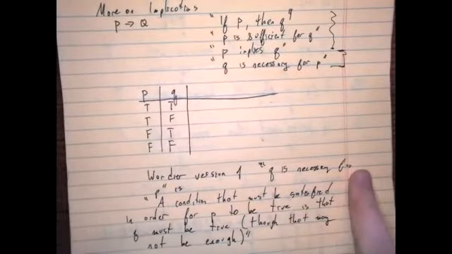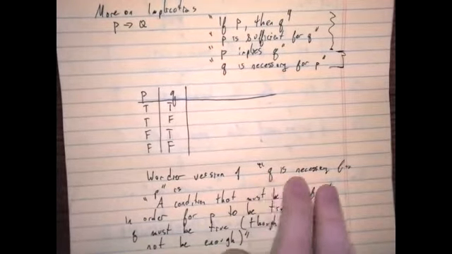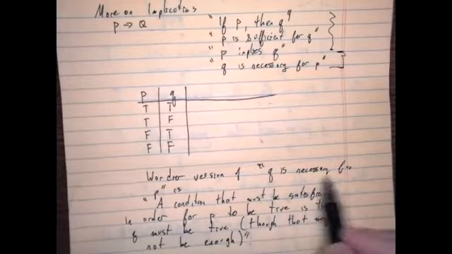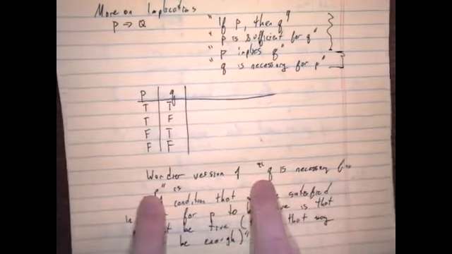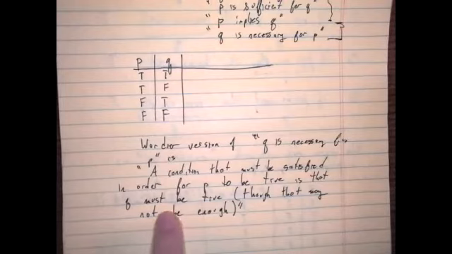Right, so I'm kind of replacing Q is necessary for P with a wordier version, but do you agree that the content of Q is necessary for P is that kind of a precursor to P being true is Q being true? Like a condition that must be satisfied in order for P to be true is that Q must be true.